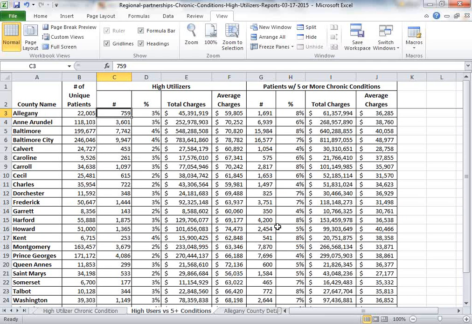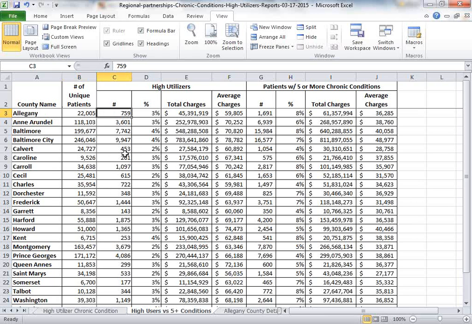This next tab walks through a comparison of the high utilizers with patients with 5 or more chronic conditions. Again, what we have is Allegheny County, and there were 22,005 patients that had one of the 16 chronic conditions.